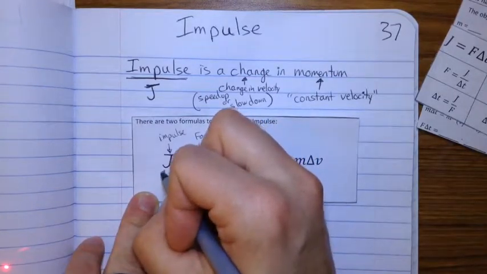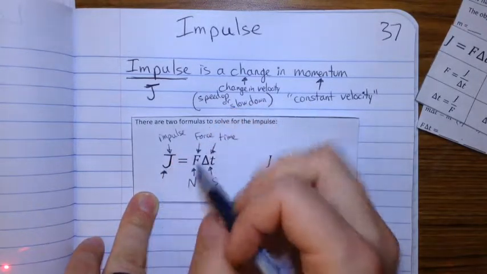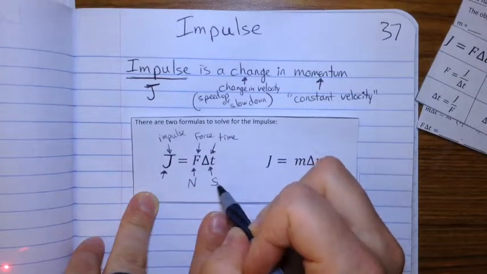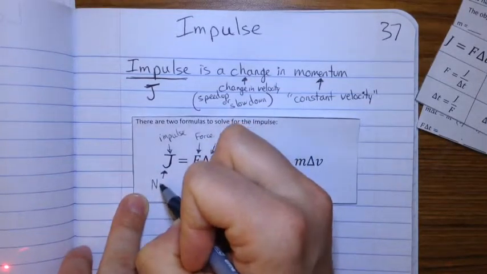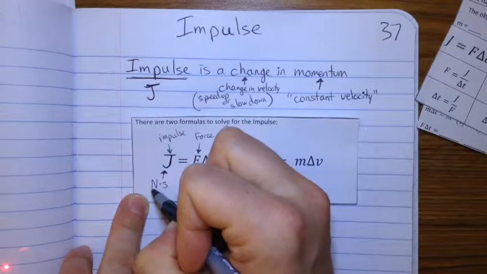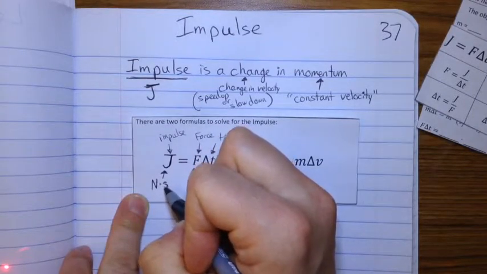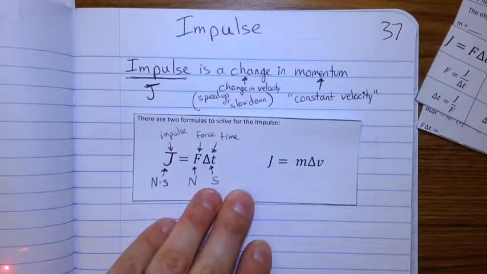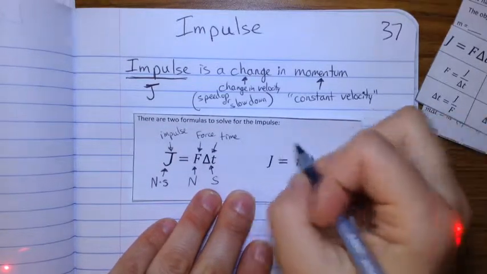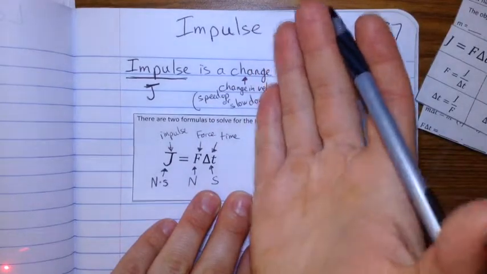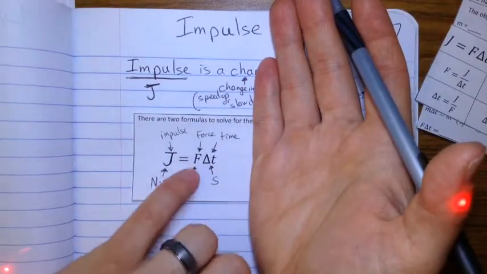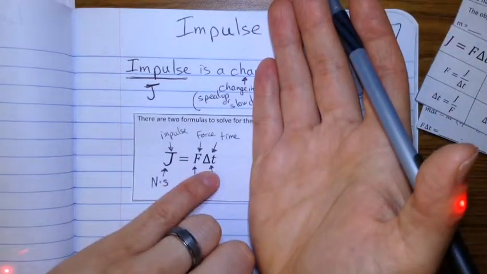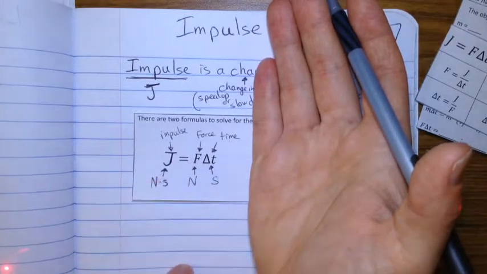My units of measure for impulse: Newtons multiplied by seconds, N·s. We just say Newton seconds. Now, that's one formula. That's one way to solve for impulse. If you know the force and the time for which it was applied, that will give you the impulse.